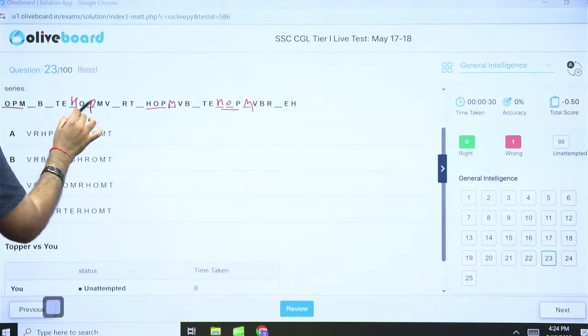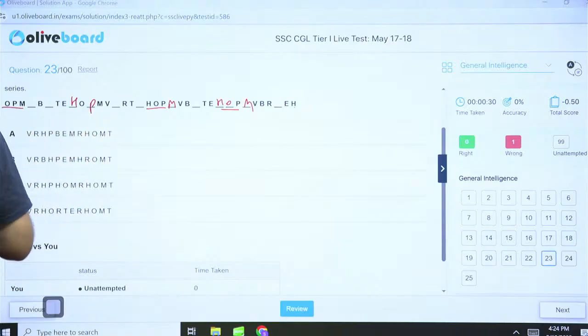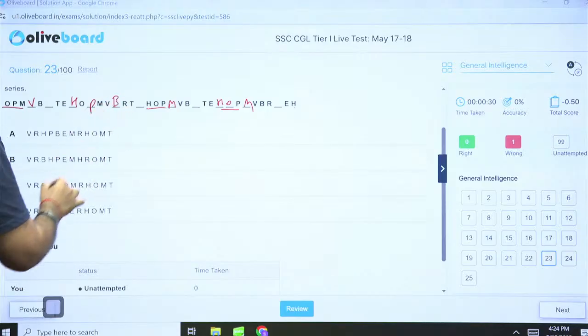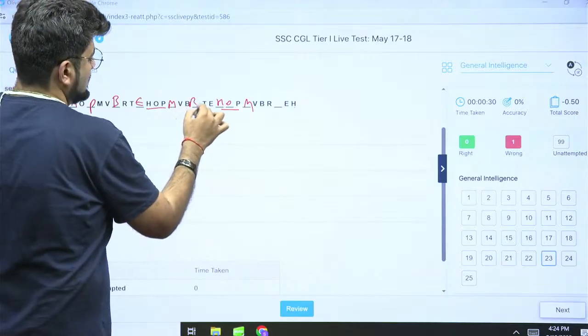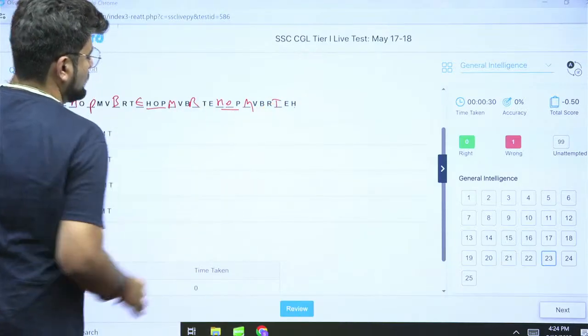HOPM dash V, HOPM dash B, HOPM VB, HOPM V BRT E, HOPM V BRT E. Oh, we got it. Great.